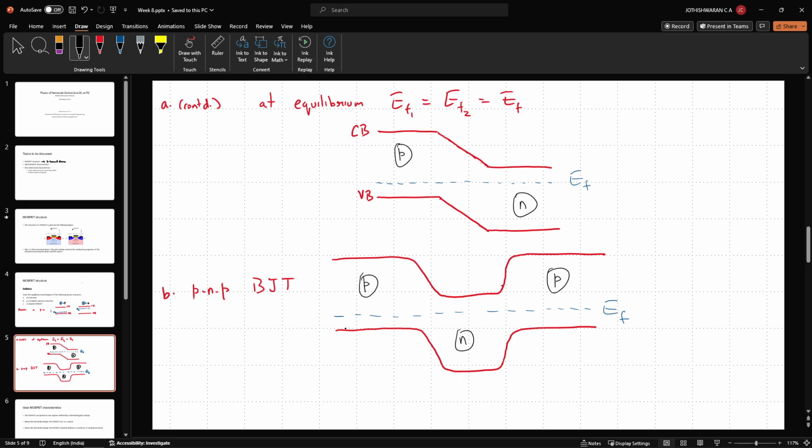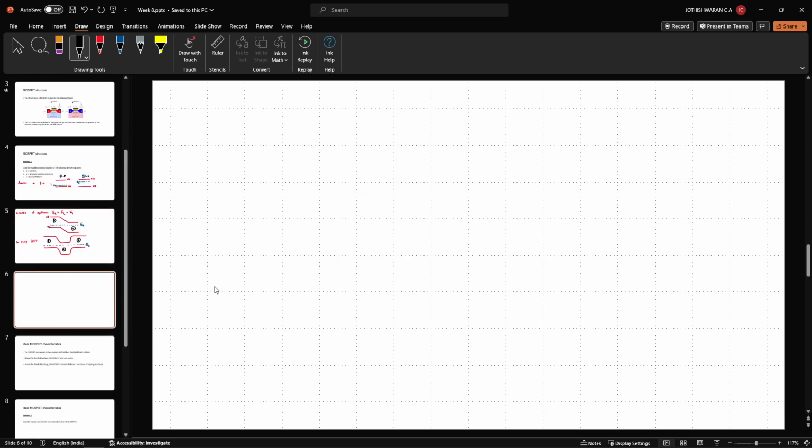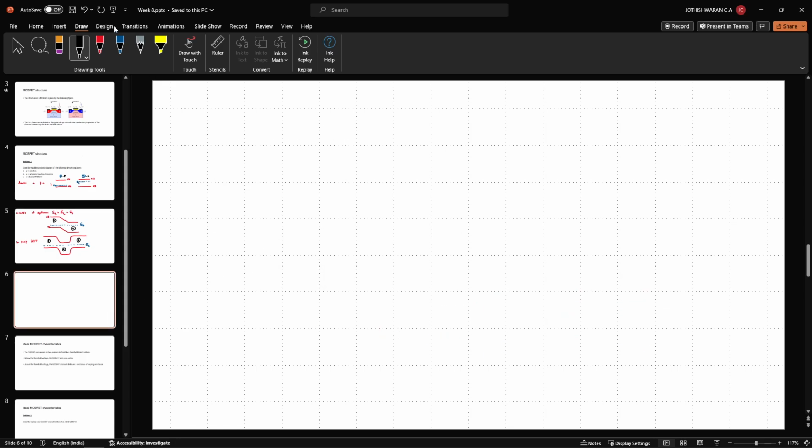Finally, we come to the third case, which is the N-channel MOSFET or an N MOSFET. So C is an N MOSFET.